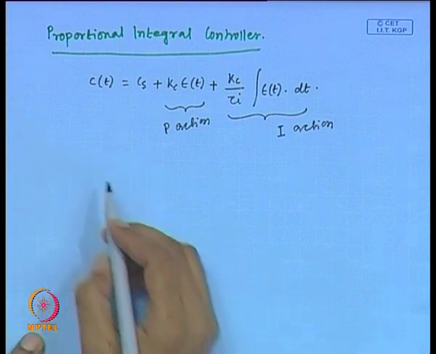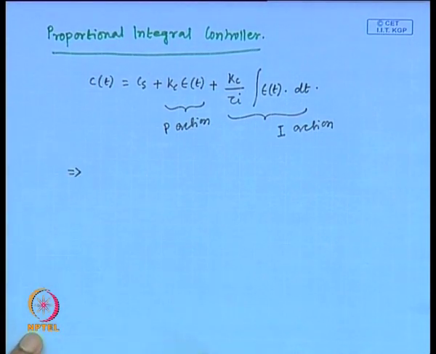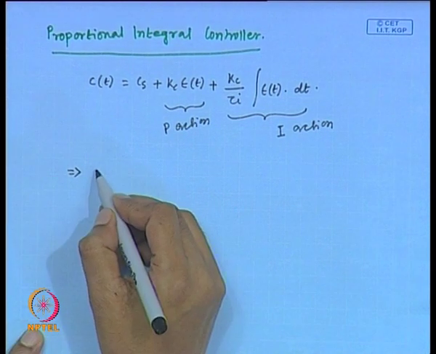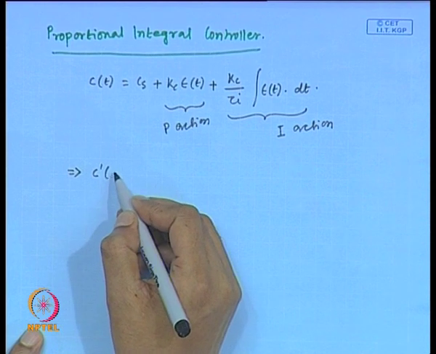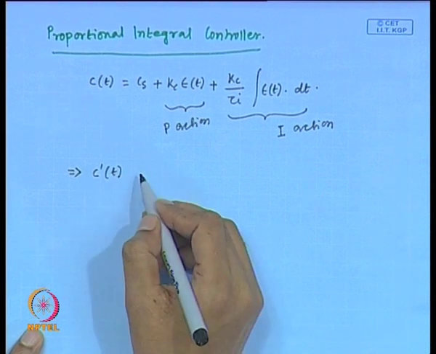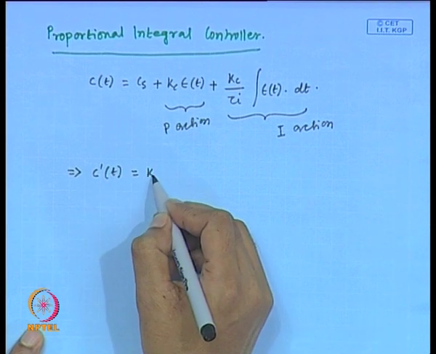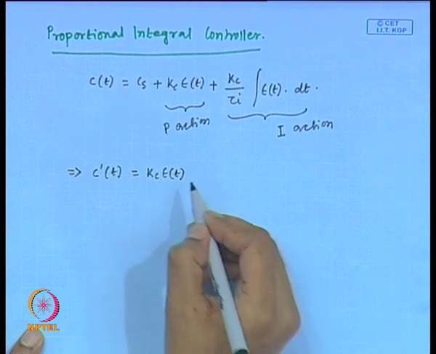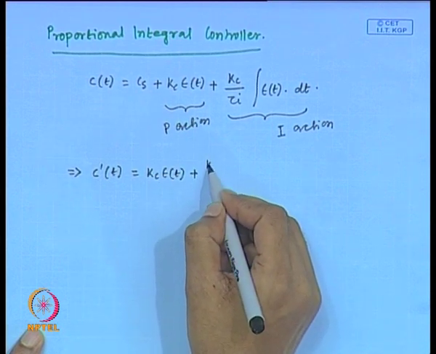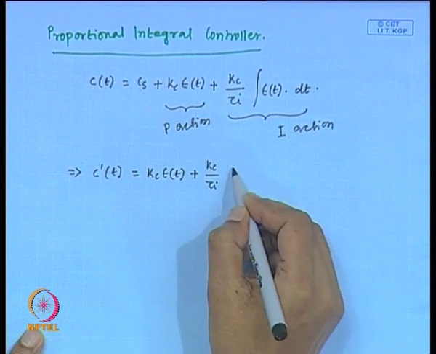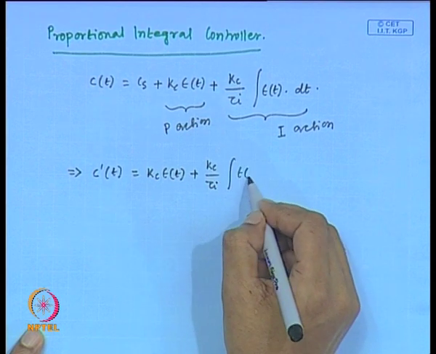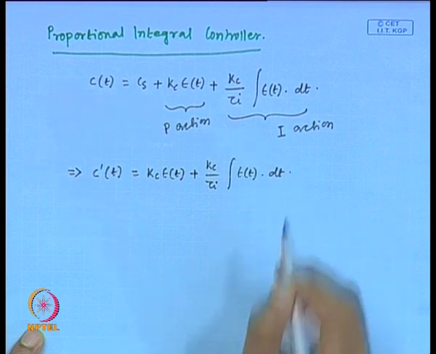Now, we can represent this equation in terms of deviation variables for finding the transfer function of the PI controller. Accordingly, we can write C prime(t) equals Kc epsilon(t) plus Kc divided by tau I times the integration of error(t) dt.